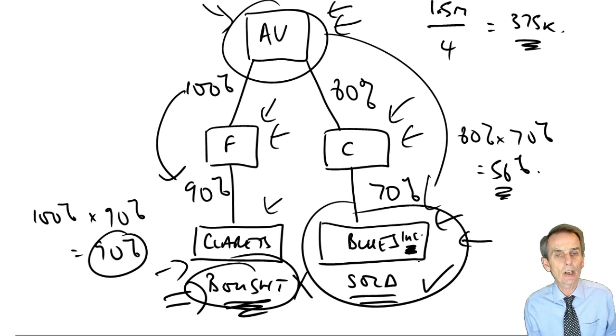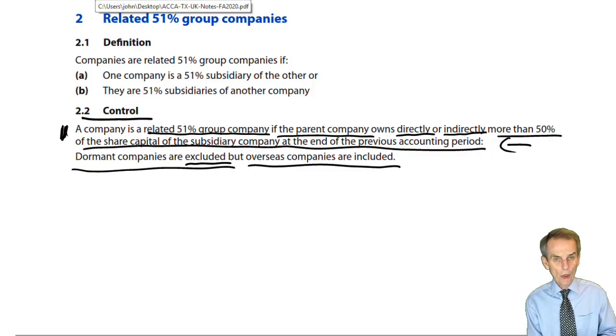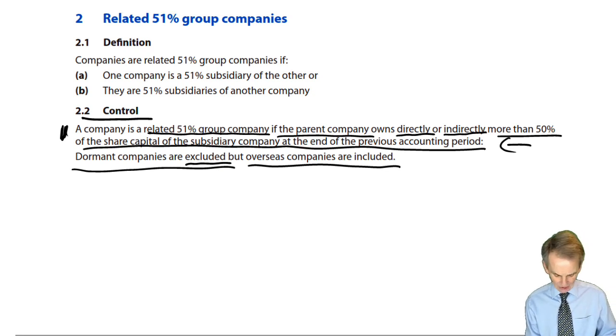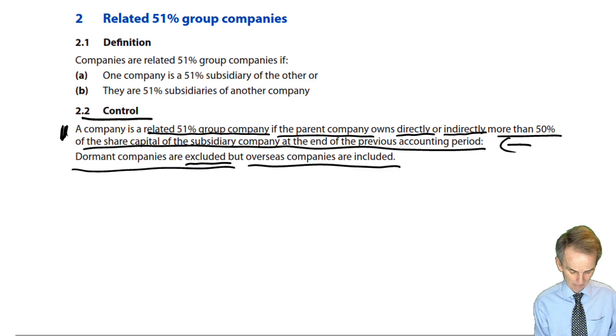We will still include those overseas subsidiaries as related 51% group companies. So dormant companies throughout the accounting period excluded. Overseas companies, yeah, even though they may not have a UK corporate tax computation to prepare, it does impact on the profit limit for all of the other UK resident companies within that particular group.